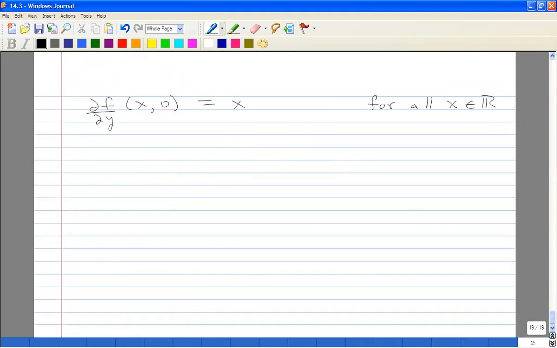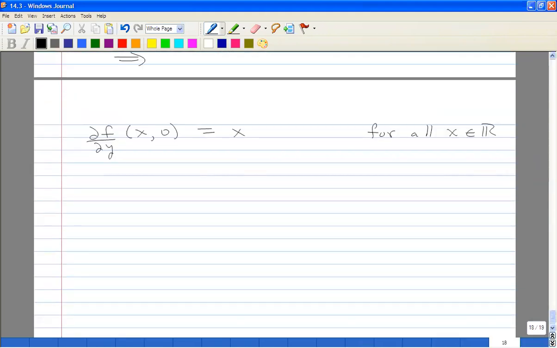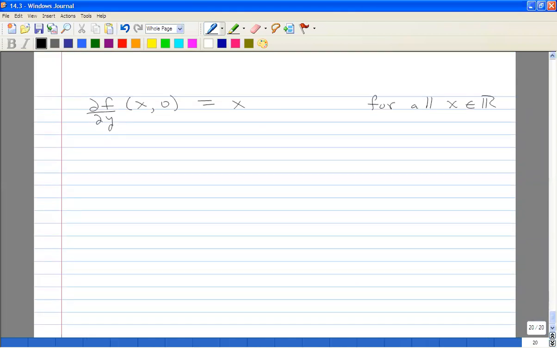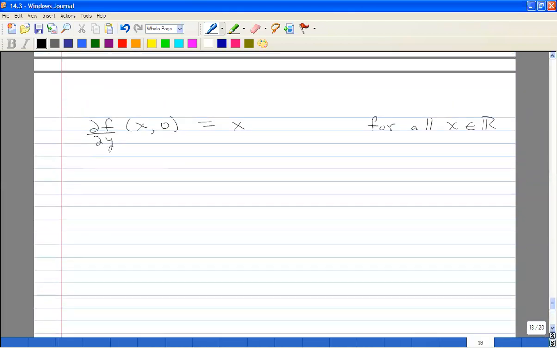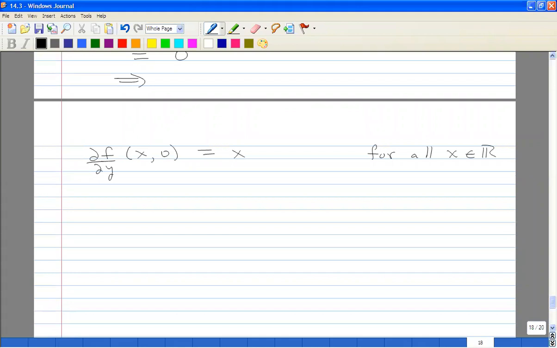Let me look at this term now. Let's look at when I'm not at the origin. Let's take the partials. So suppose that x squared plus y squared is not 0.